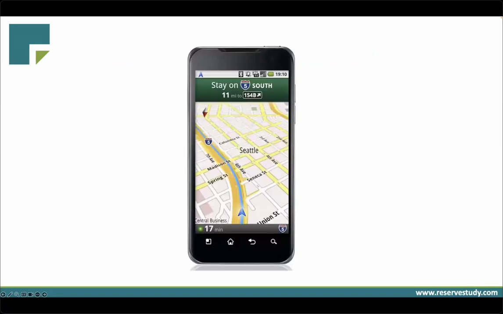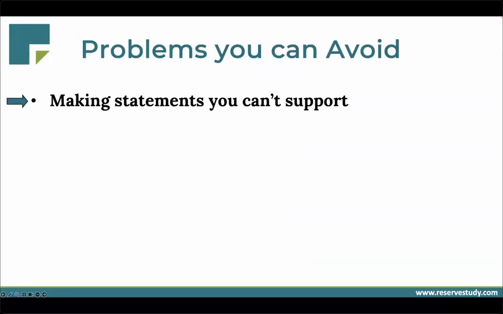So now that we've set the stage, we talked about reserve studies, and some of the objections you may hear about the reserve study, let's get started in talking through some of the ways to set you up for success in your next meeting. So, what are some of the problems that we can just avoid in the first place? Well, number one, let's not make statements that we cannot support.